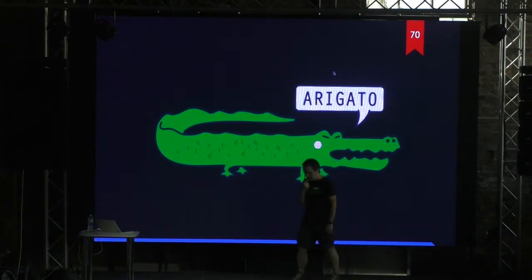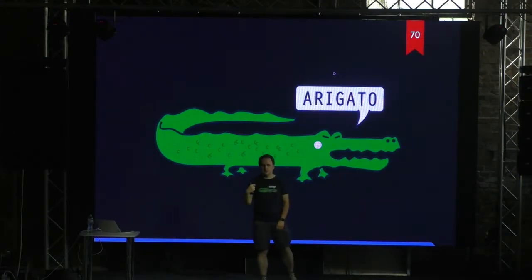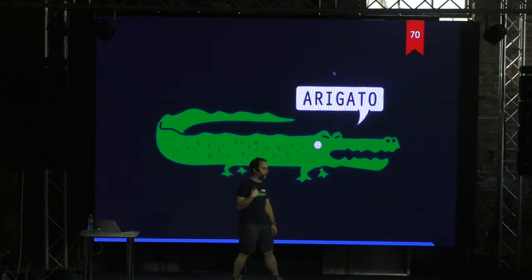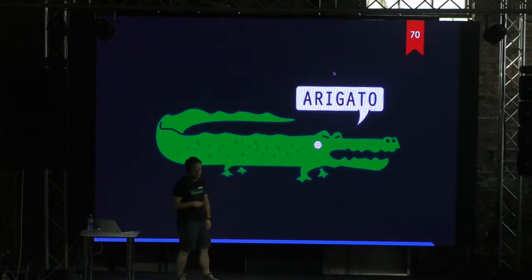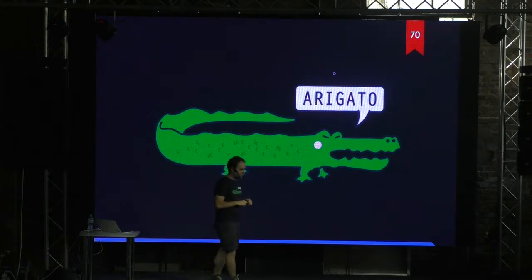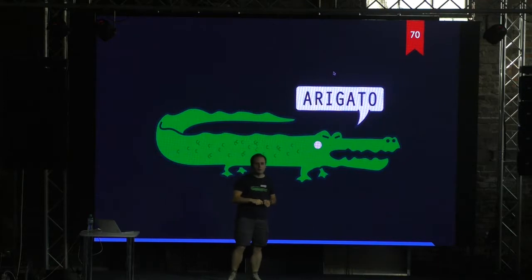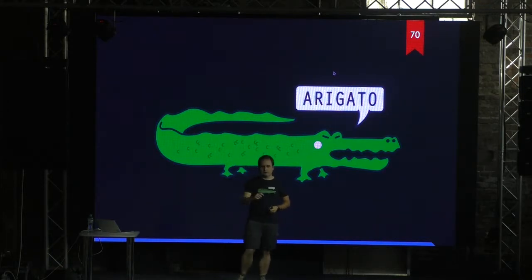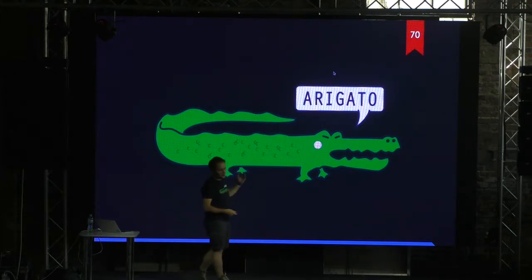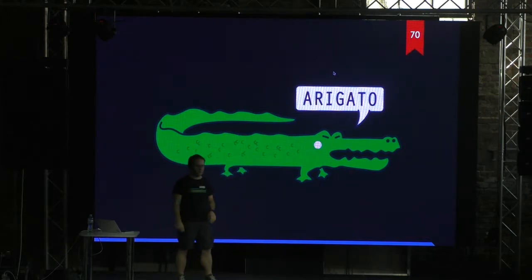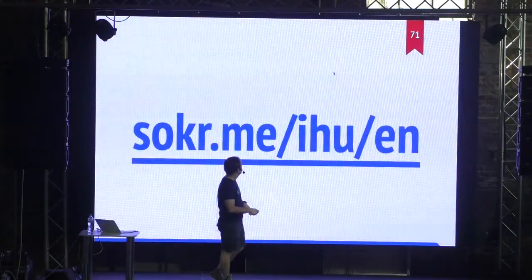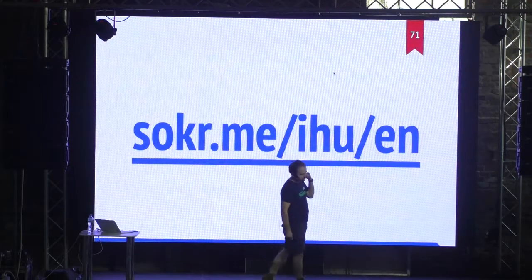And this is the alligator from my T-shirt, saying arigato, meaning thank you, for maybe not today, but tomorrow you will make your interfaces more accessible, more user-friendly, and better for everybody, not just healthy people with very good mice. So thank you for your future contribution to accessibility.